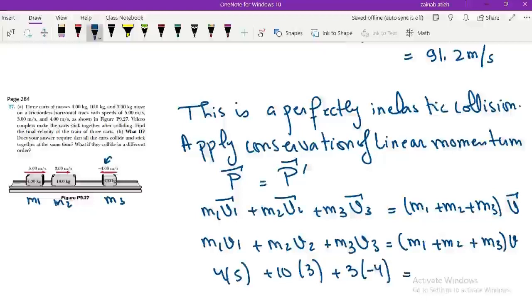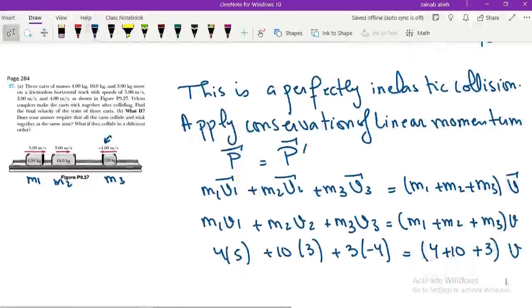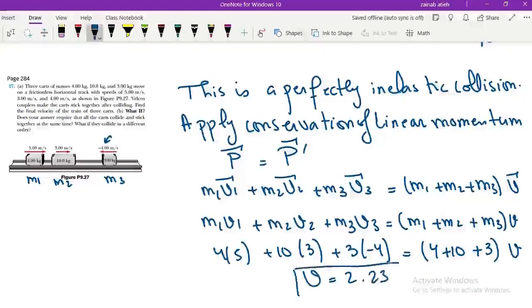It's equal to, we add all of them, 4 plus 10 plus 3, times V. So we get V equals 2.23. Okay, and this is the answer for sure, meter per second.